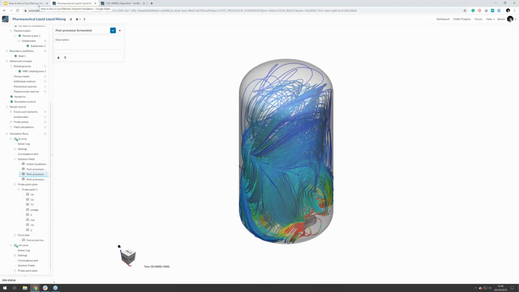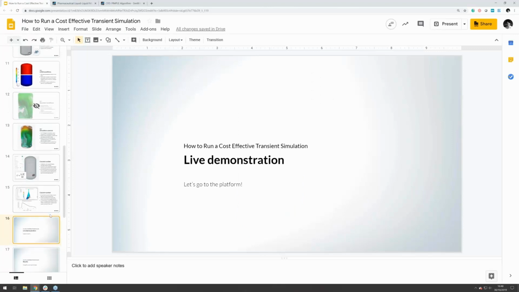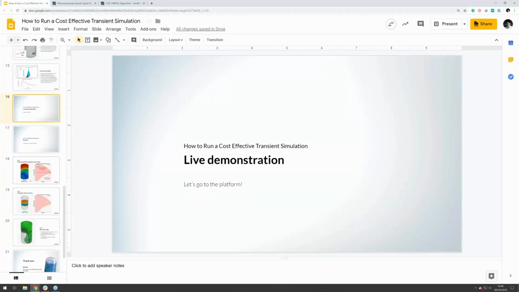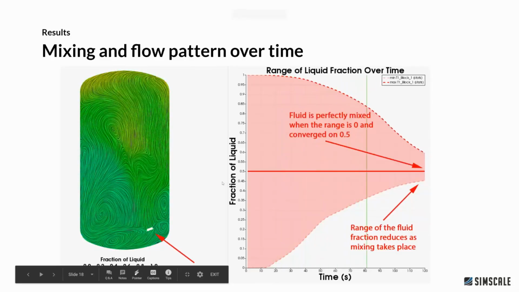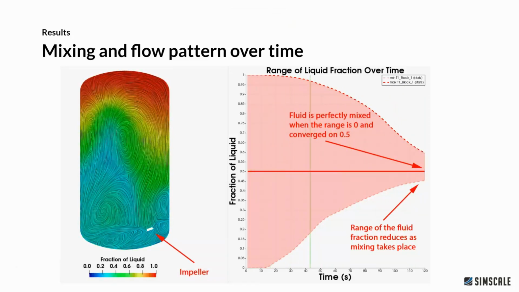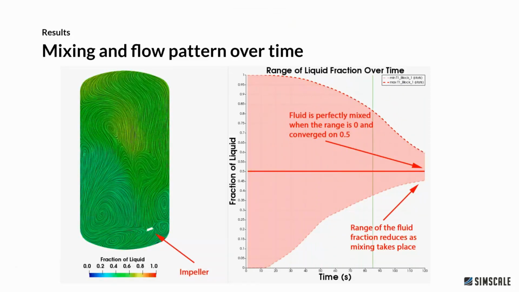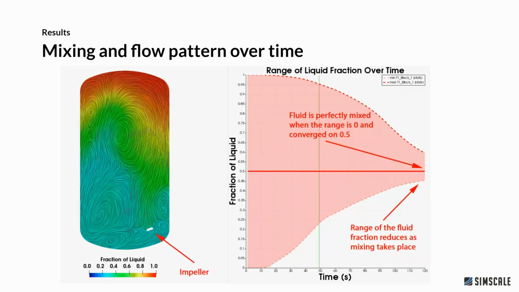So, being very conscious of the time, I'm going to quickly jump back to the presentation, and I'm going to run you through the last few slides. So what we really want to take away from this transient simulation is how well these fluids have mixed. We can do this by analysing the range of the fluids over time.